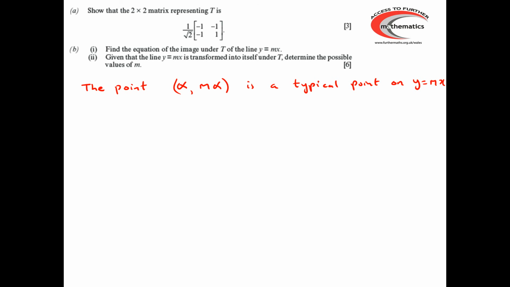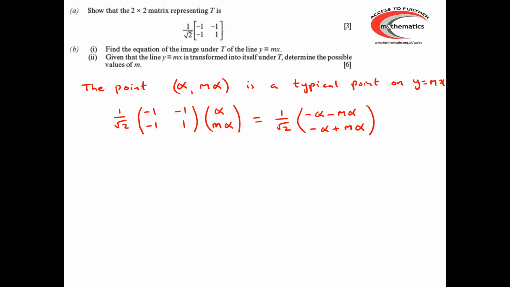If we want to find the image of this particular point, we need to do the matrix multiplication, and we'll obtain 1 over root 2 times minus alpha minus m alpha as the x value, minus alpha plus m alpha as the y value.